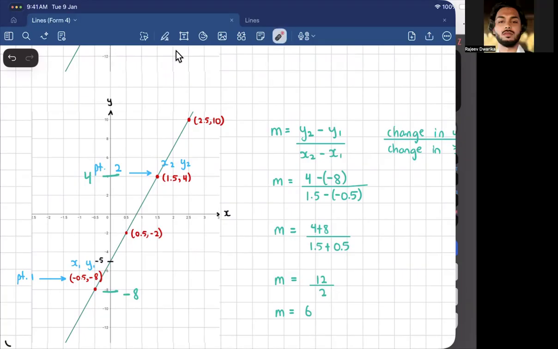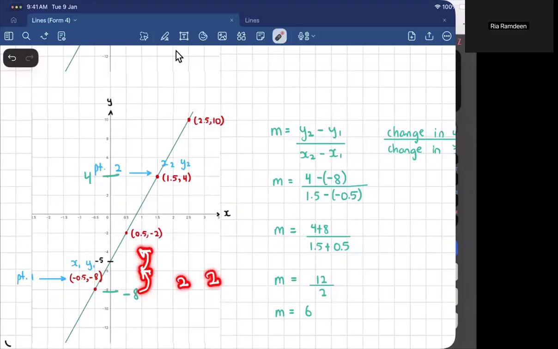What's the difference between 4 and -8? Let me count. -8 to -6, that's 2. -6 to -4, that's also 2. What's -4 to -2?